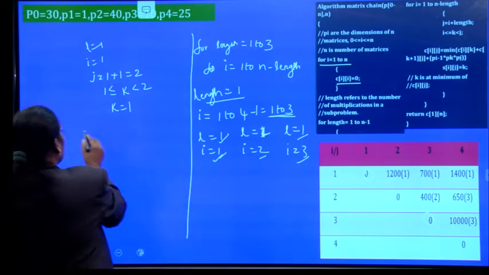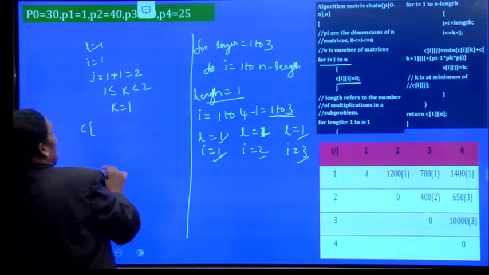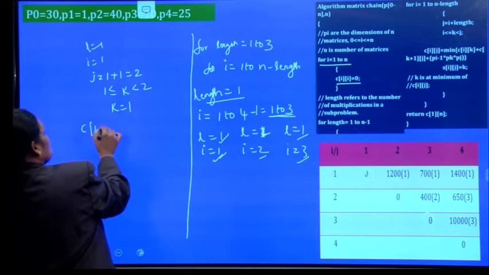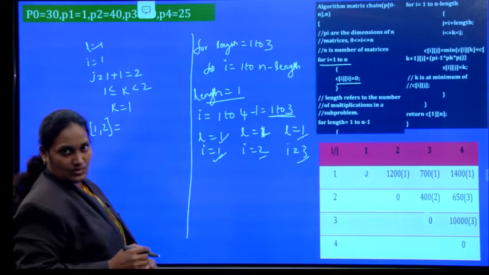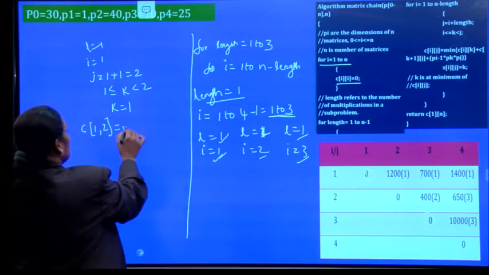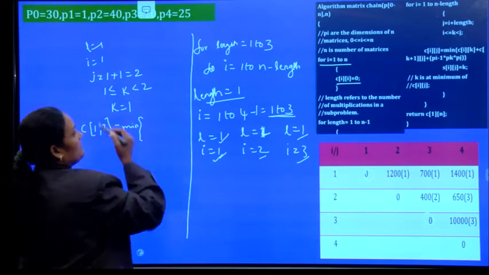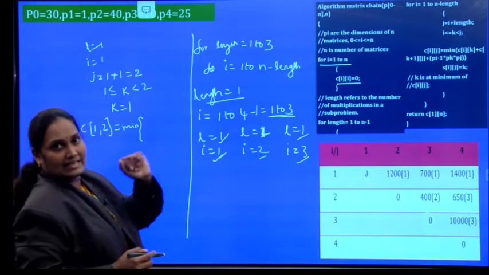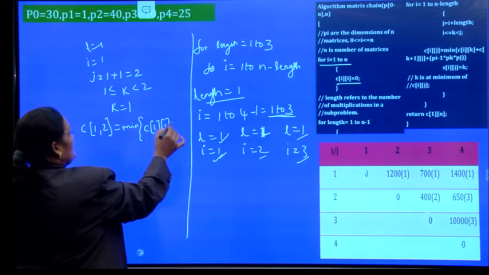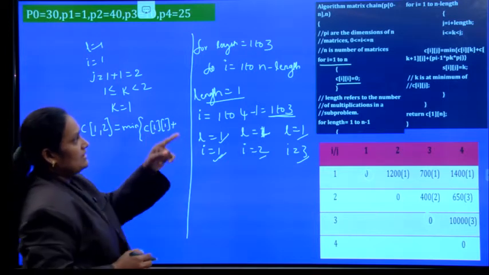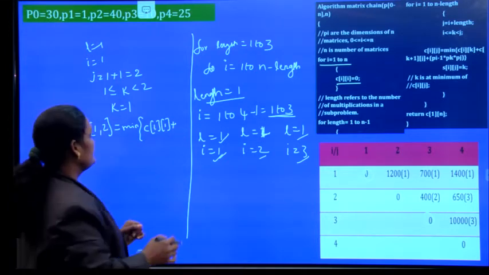Now I am going to find the cost. See, i j, i is 1, j is 2. What is the cost of C12? Minimum of C i k, that is C11, i is 1, k is 1, plus C k plus 1 j.